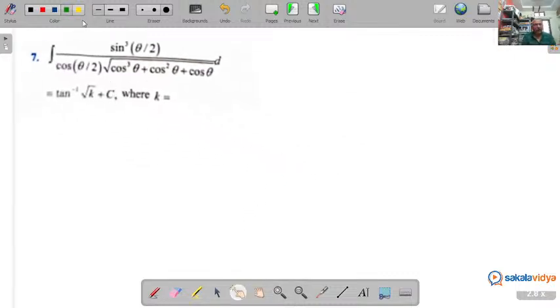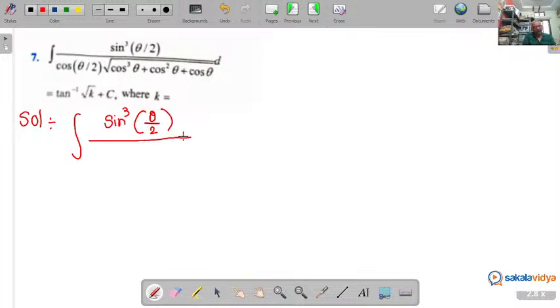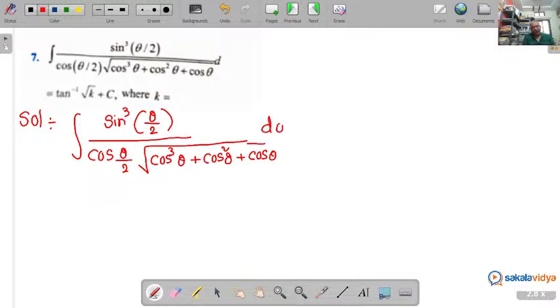See, integral. So let me write once again this question. Integral sin cube theta by 2 upon cos theta by 2 root over cos cube theta plus cos square theta plus cos theta d theta is equal to, actually what is given, this is equal to tan inverse root k.